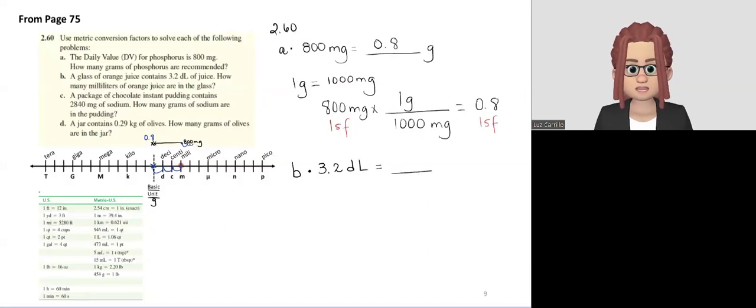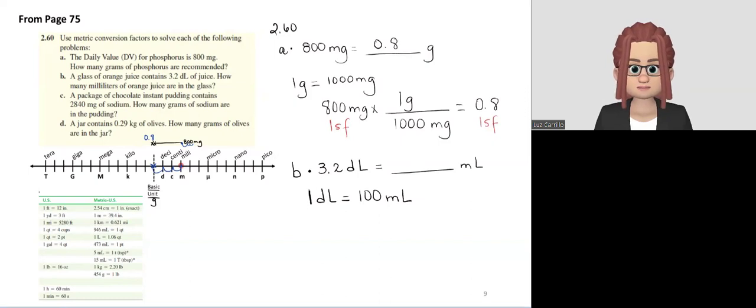We need to convert that to milliliters. Utilizing the number line for determining the equality between deci and milli, we can find that 1 deciliter equals 100 milliliters.